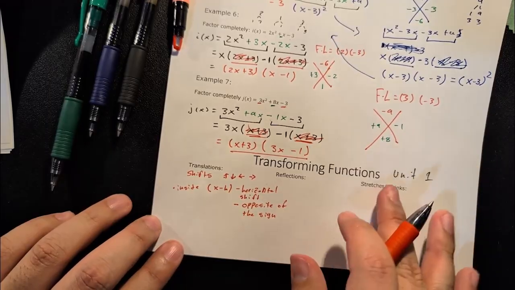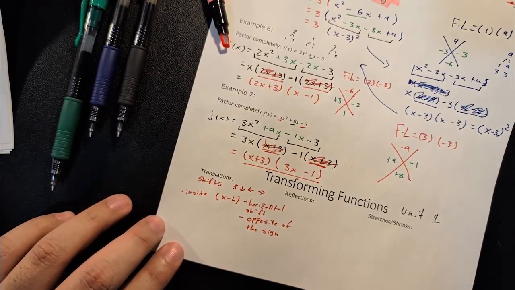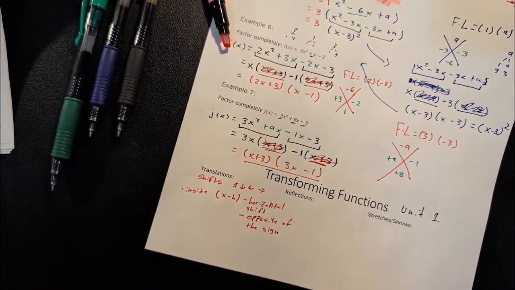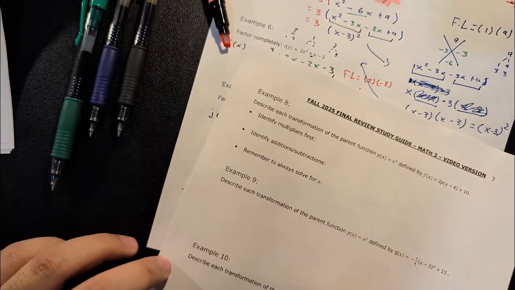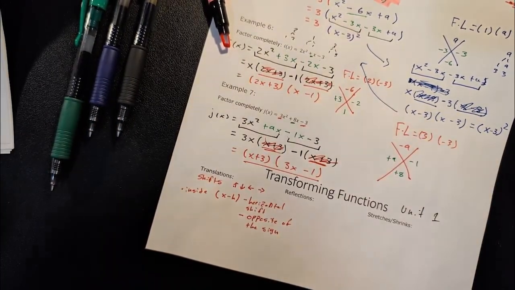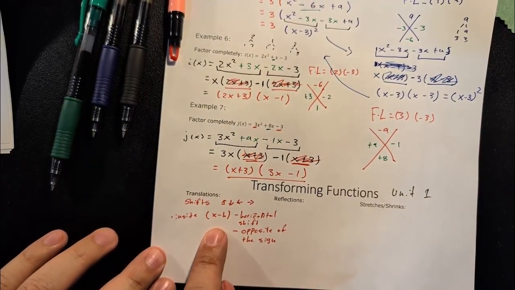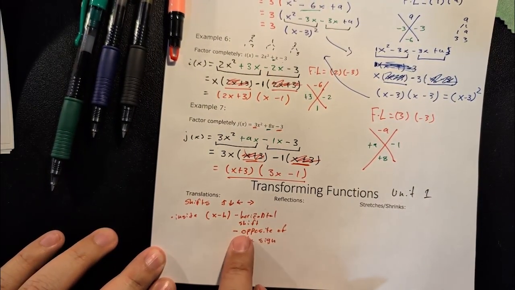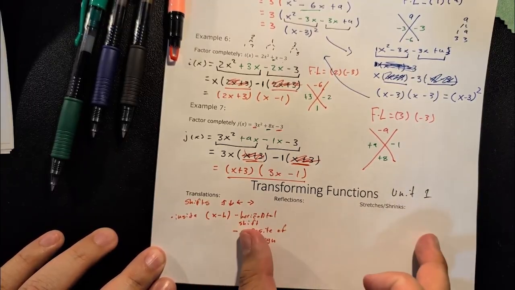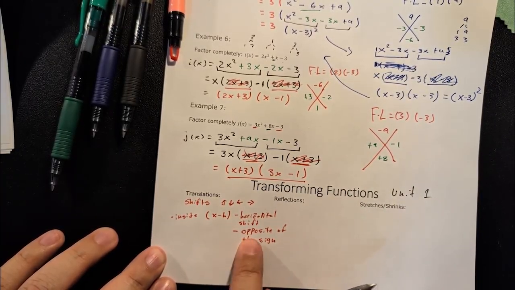Okay, so what I'm talking about, I think the next few problems will go more into detail about those, but let's finish our notes here. So if it's inside our parentheses, it's a horizontal shift, so meaning it's going to go left and right, and then we're going to do the opposite of whatever the sign is doing.